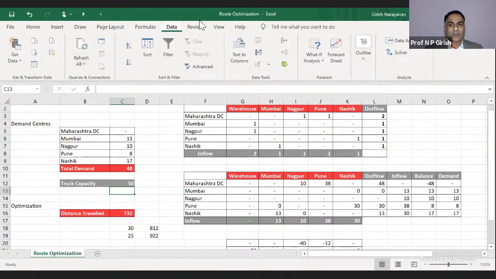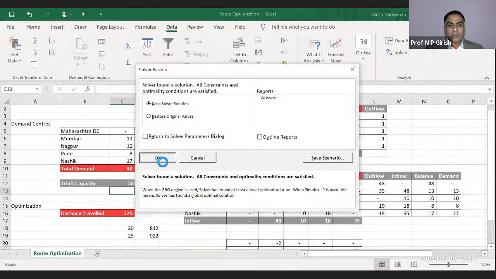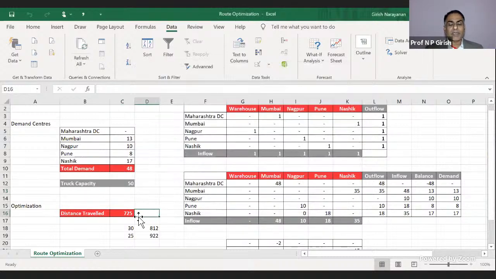I hope so. Let's see. 725, yeah, marginally it is better. But now, is it better to have one truck or is it better to have two trucks because it's only marginal advantage?